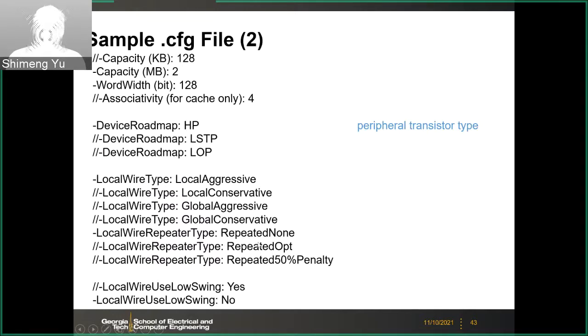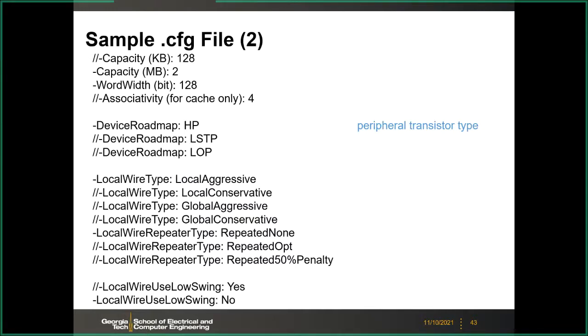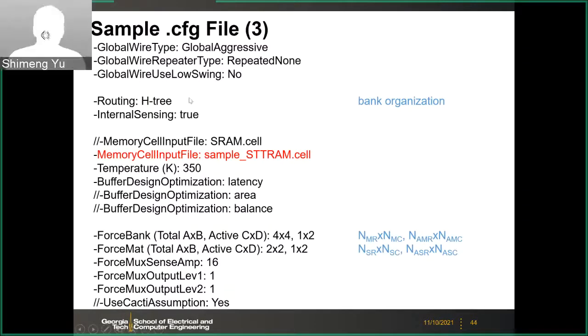So if you have a long wire in the interconnect, if you want to minimize the latency for the interconnect, typically you are going to insert some repeaters between the long wires. Repeaters are very simple, just two inverters to buffer the signal. And then here are like the bank organization, like you define this is H-tree routing and the internal sensing. That means the sensing is happening at each subarray.